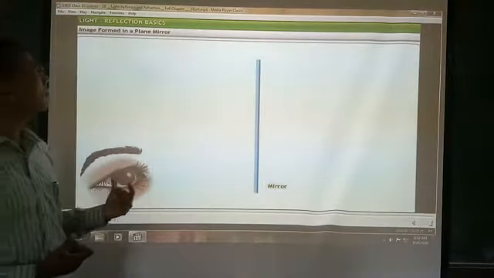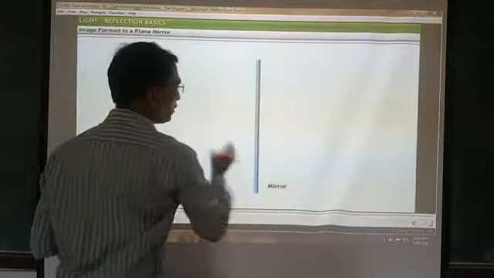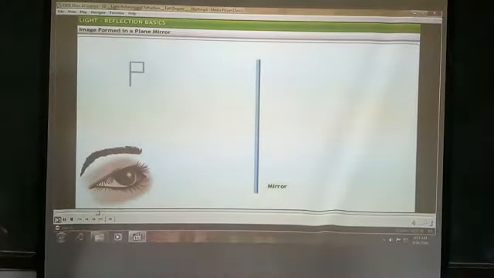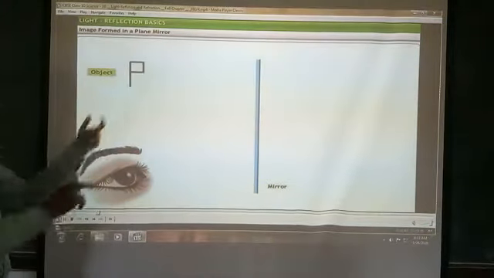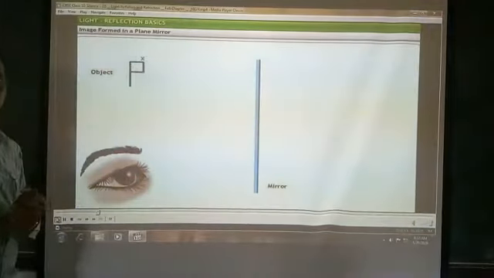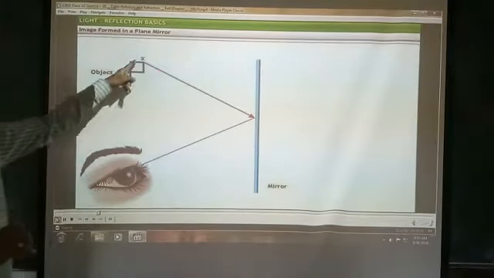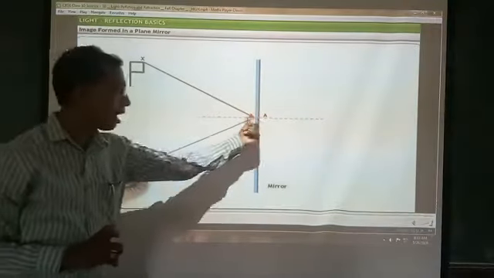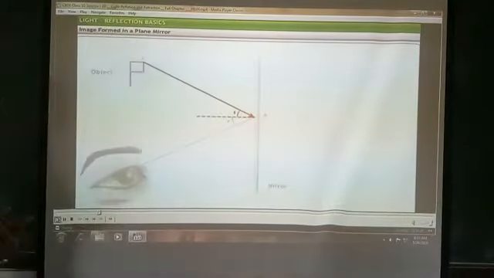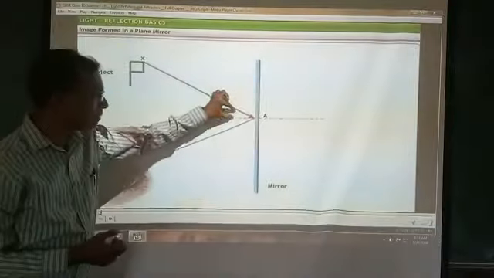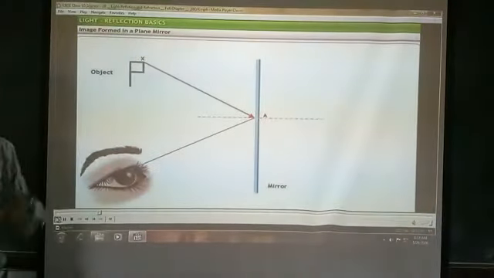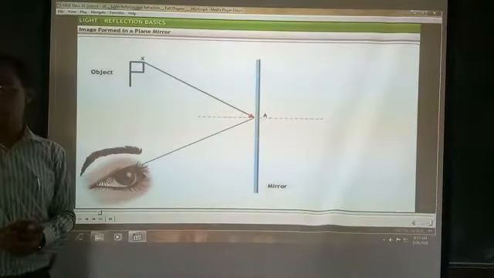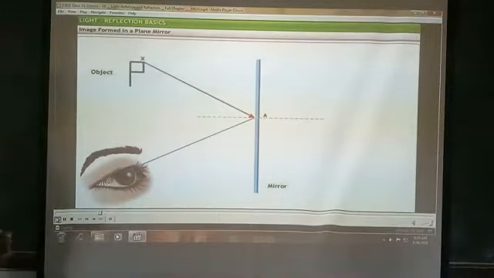So consider the image formed in a plane mirror. We take one plane mirror, and let us consider the object P to be right here. From the point P, rays will be reflected, that is the incident ray, and the reflected ray comes back to our eyes. The angle of incidence is equal to the angle of reflection, obeying the laws of reflection.